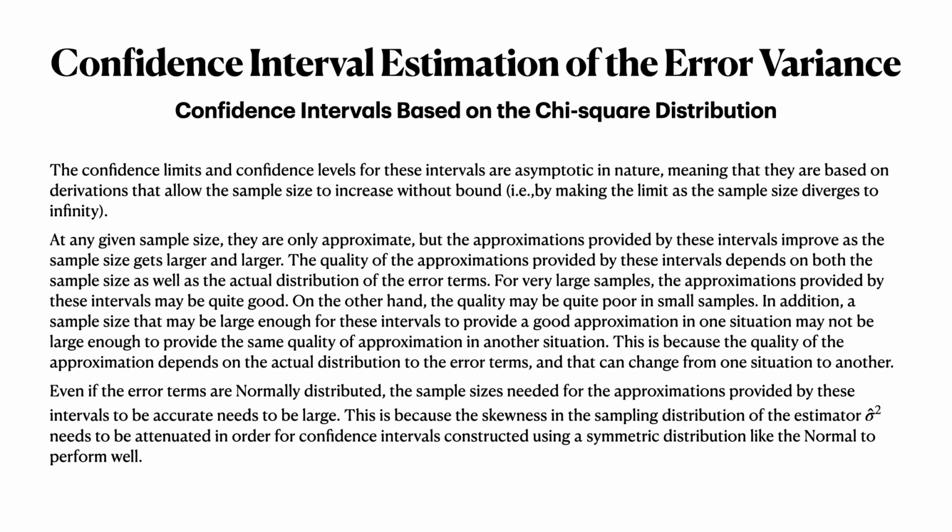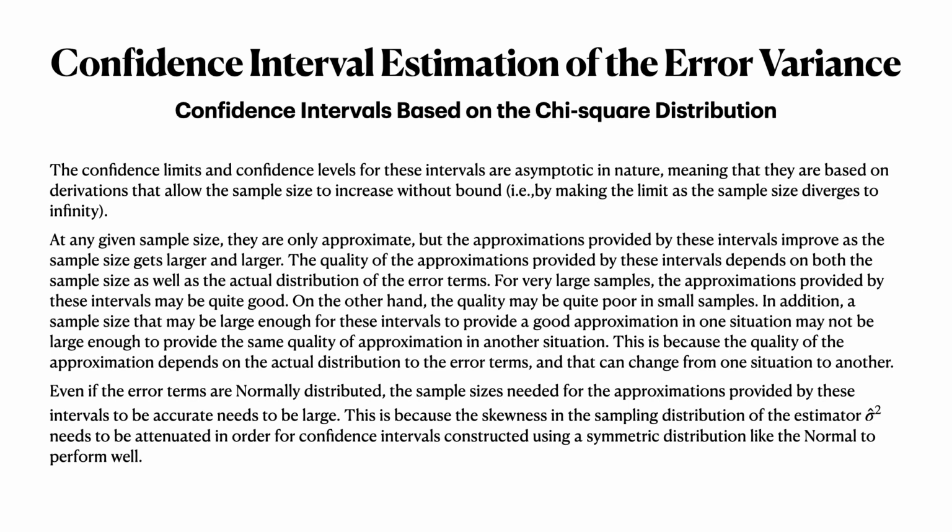The quality of the approximations provided by these intervals depends on both the sample size as well as the actual distribution of the error terms. For very large samples, the approximations provided by these intervals may be quite good. On the other hand, the quality may be quite poor in small samples.